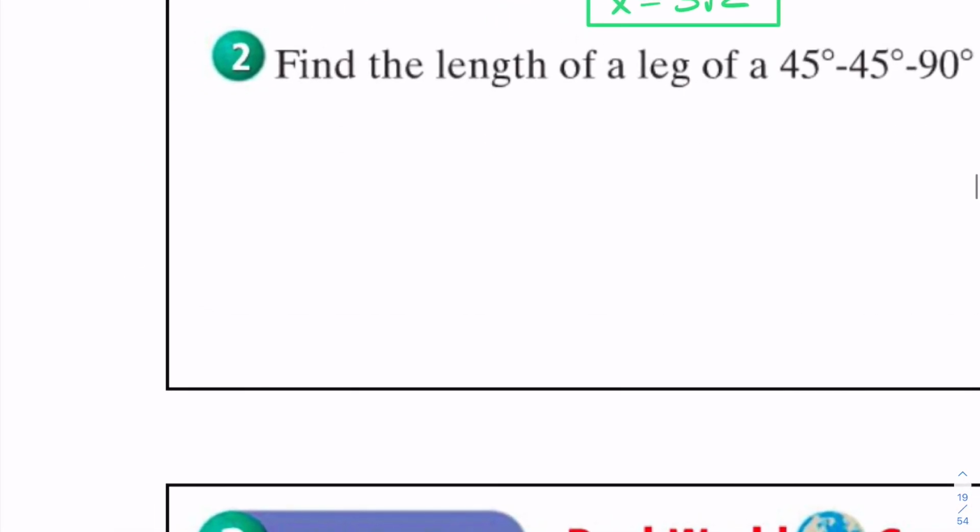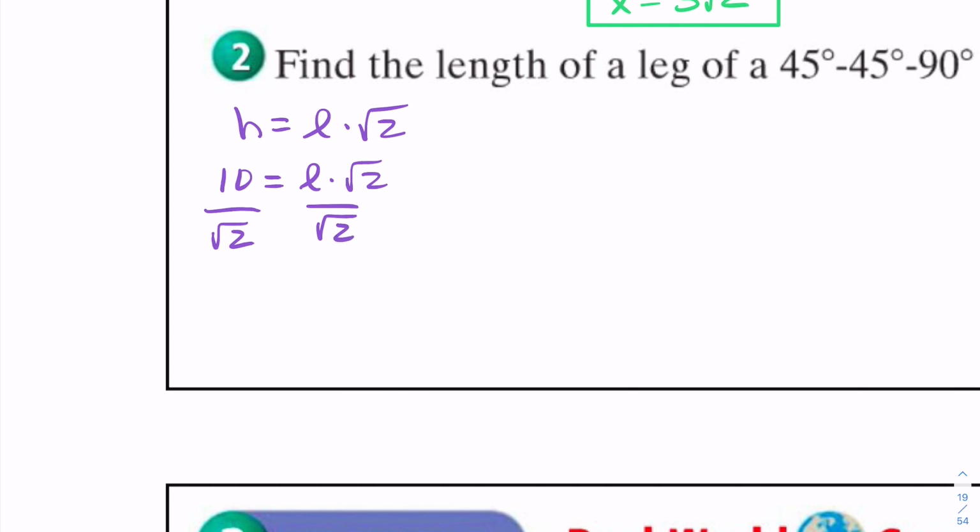Okay, so I'm going to do h equals L times the square root of 2. So 10 equals L times the square root of 2, divided by the square root of 2. So L equals 10 over the square root of 2. Then I'm going to rationalize.